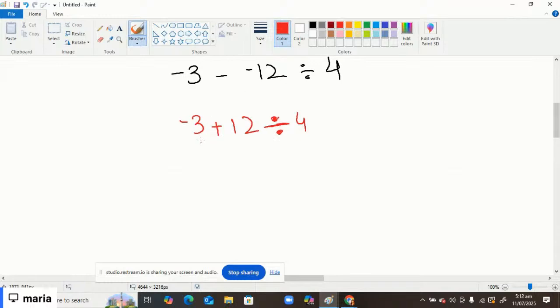Now minus plus is minus. So 12 minus 3 is 9. But which sign do you put with it? The sign with the greater number. This is plus. Now divide 9 by 4.